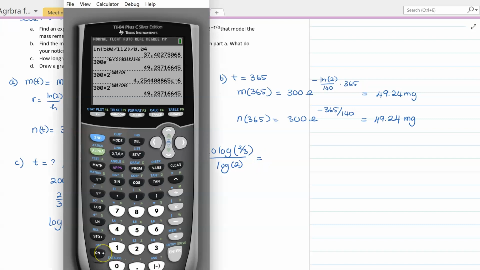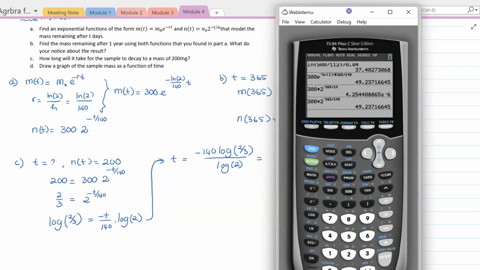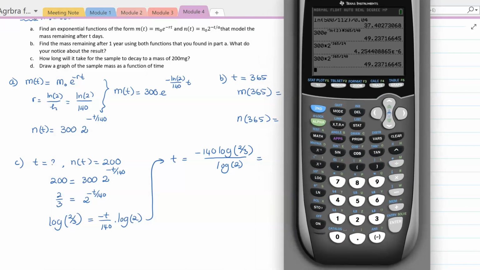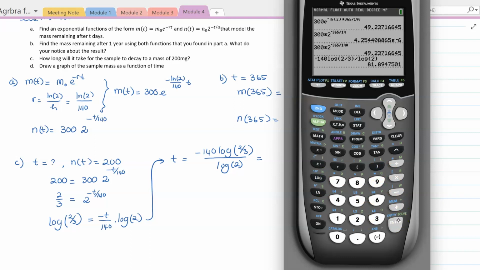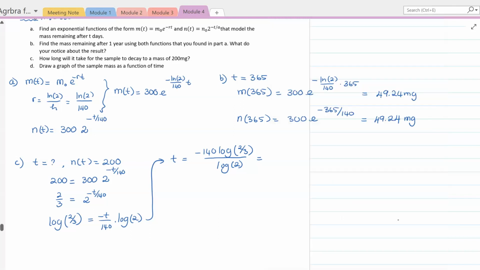And that is, okay, about 82 days. And you can use the graphing calculator to go ahead and sketch the graph of the function.